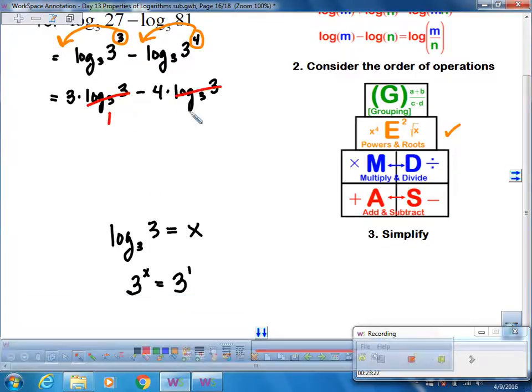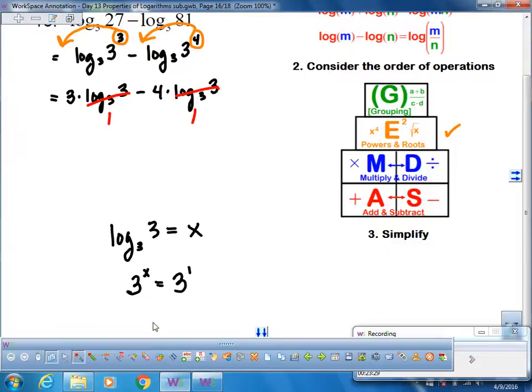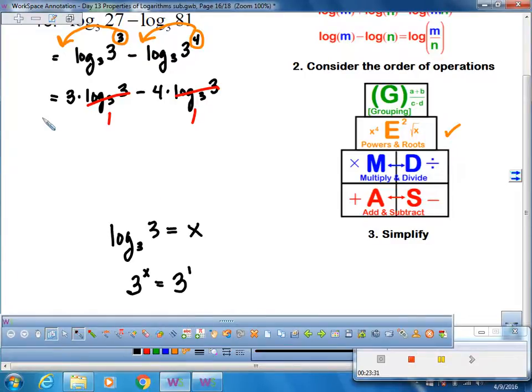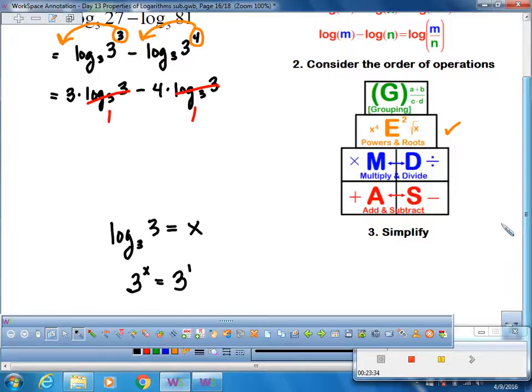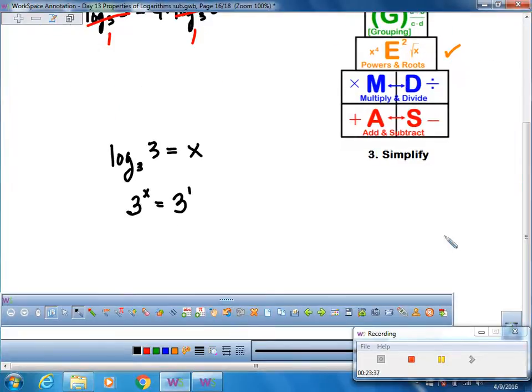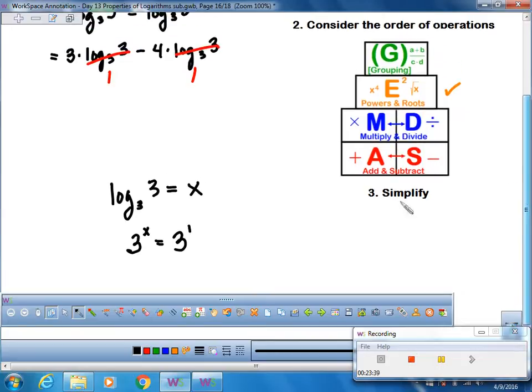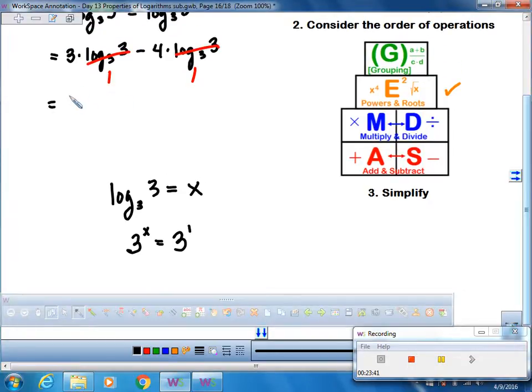And this is 1. So I really only have 3 minus 4, which is negative 1.